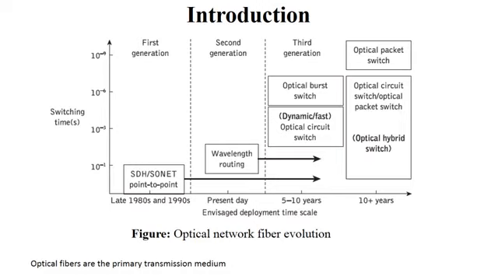In the third generation, it made use of optical burst switching and optical circuit switching. In the future, it is expected that the optical network may use a combination of optical circuit switching and optical packet switching, treated as hybrid switching, or optical packet switching individually.